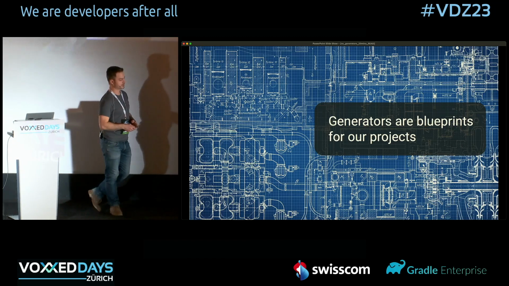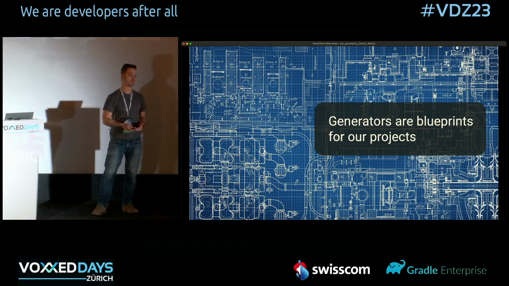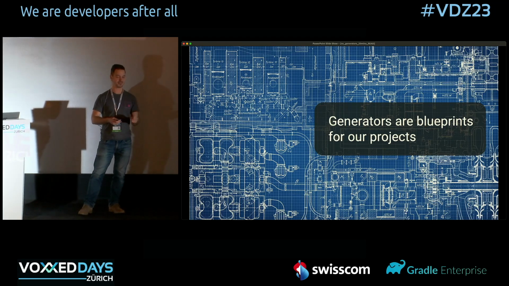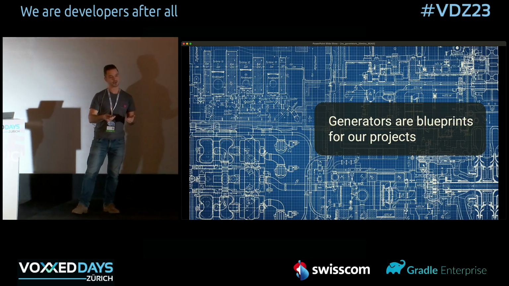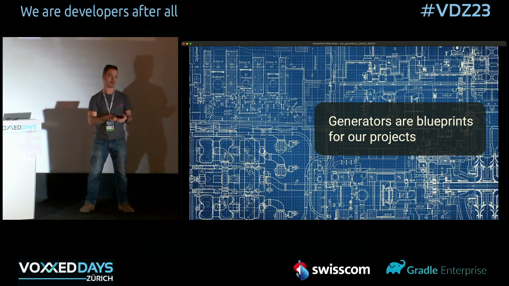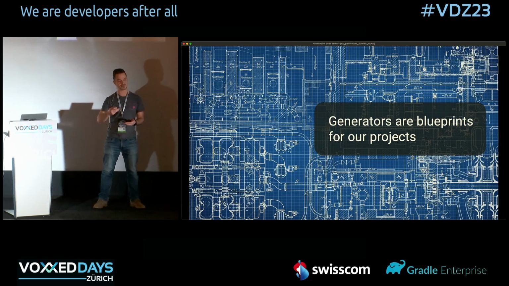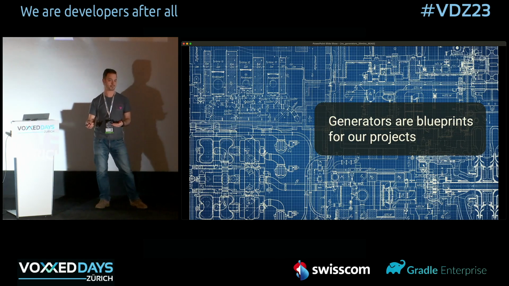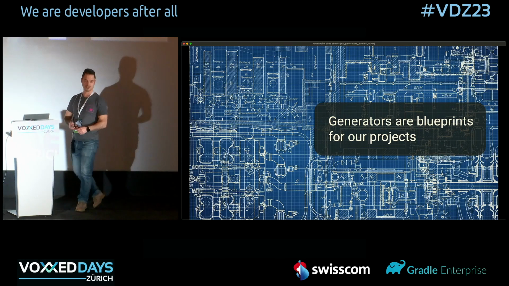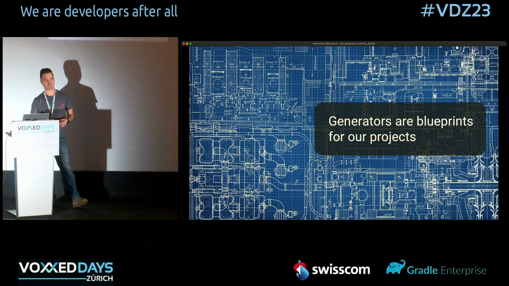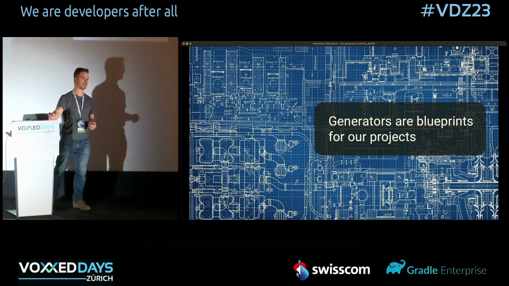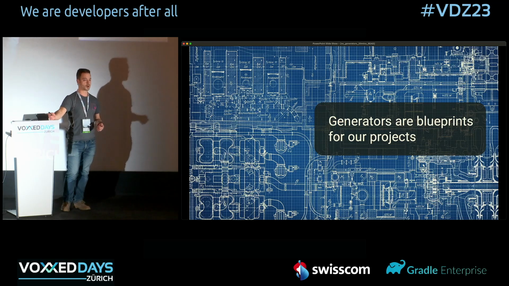Thanks to generators, we can automate these steps and ensure that some structure is respected every time we create a new application, and we avoid typos, naming mistakes, and other kinds of mistakes that come when we do manual steps.